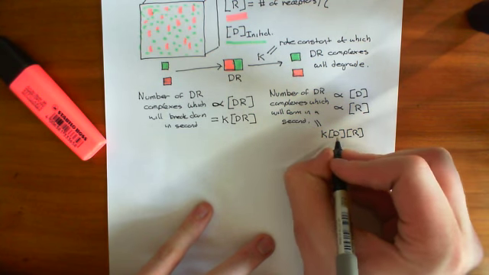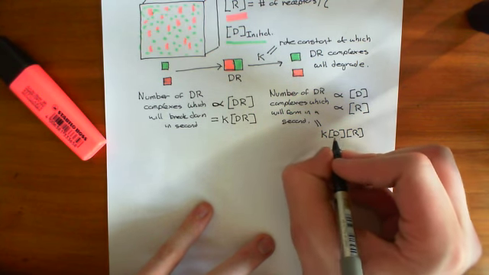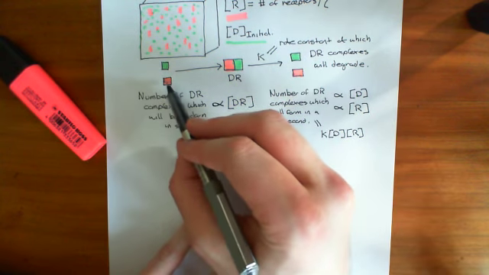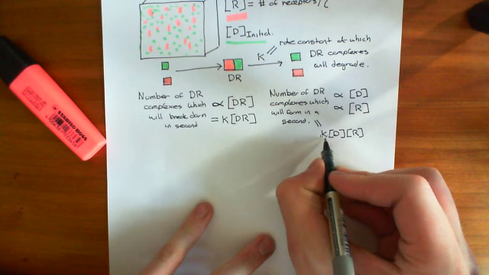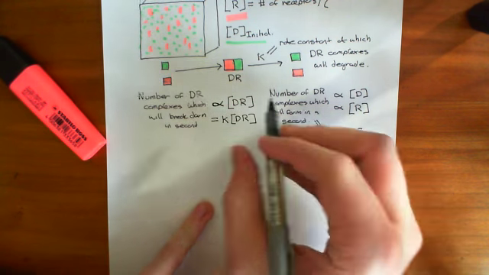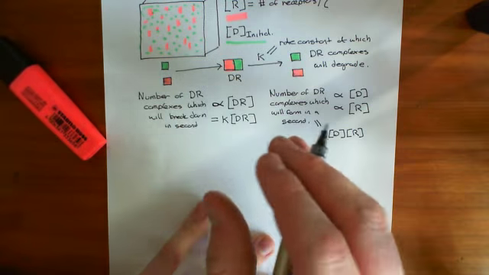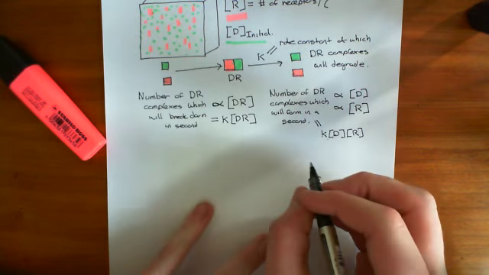What else should it depend on? You might say, surely it depends on the affinity that this drug has for this receptor. Well, that's taken care of in this constant. That constant will change depending on how much the drug wants to bind to that receptor.